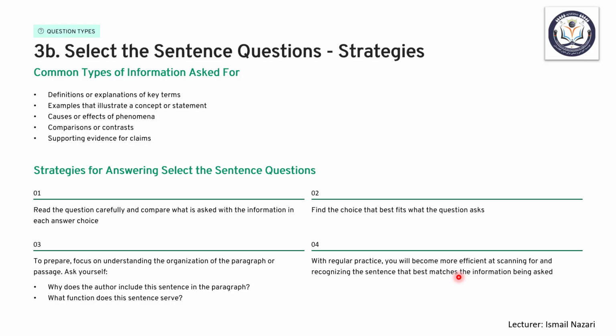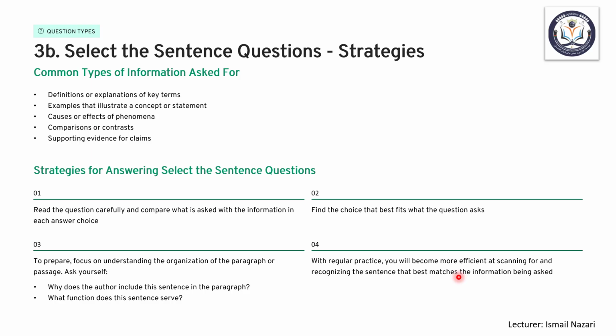Usually this task is assessing our ability on scanning. Are we able to scan the passage? Are we able to find that specific location which the sentence addresses?